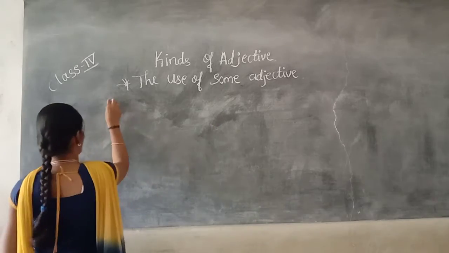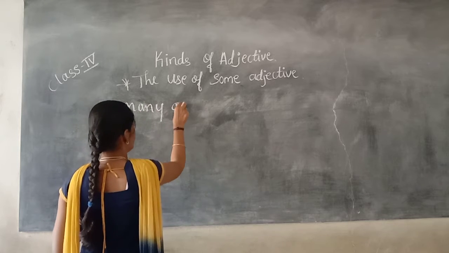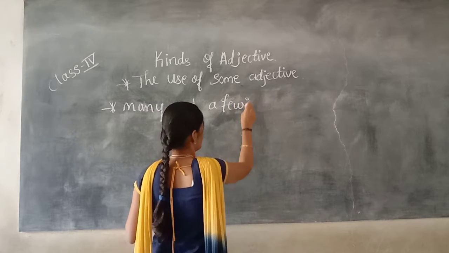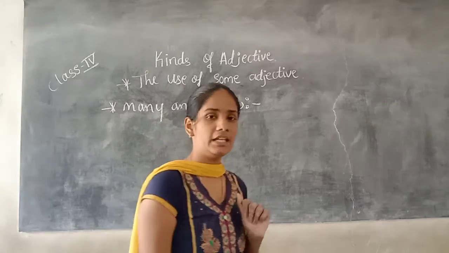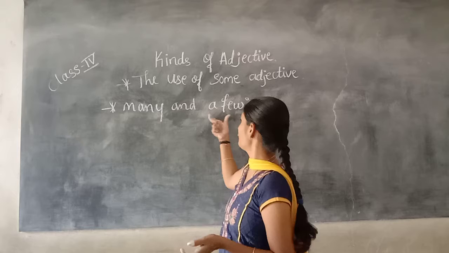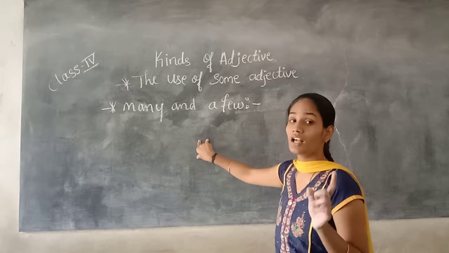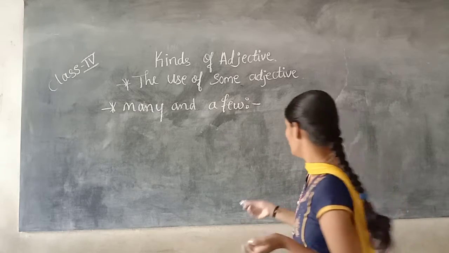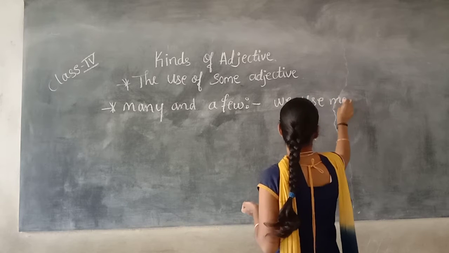So next words which you have, we have many and a few. So where do we use this many and a few? Many means a lot, and a few means less. So these words we use with countable plural nouns.